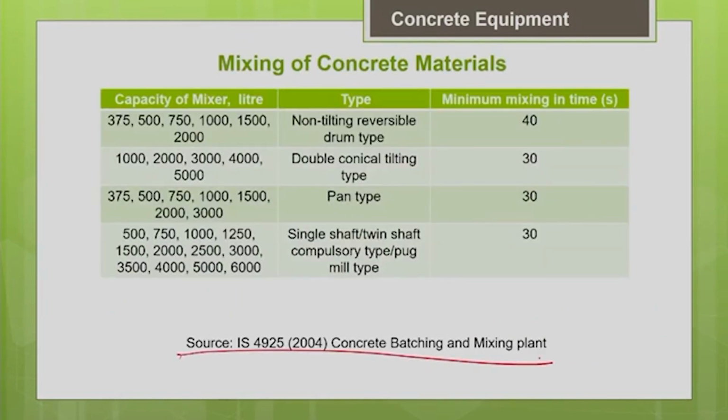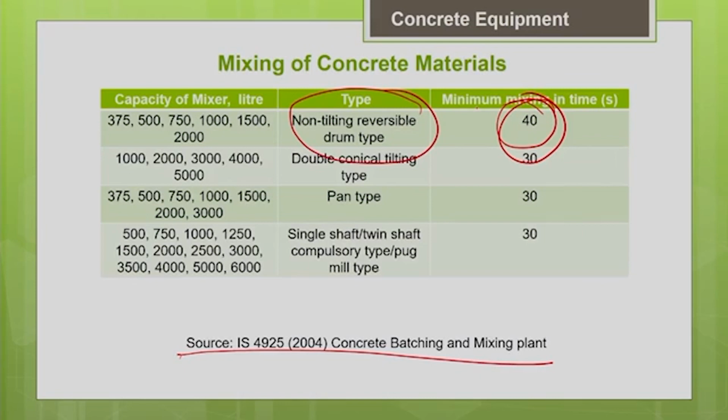This table is taken from IS 4925, which gives you the guideline for concrete batching and mixing. You can see that the mixing duration is given in seconds. It varies for different types of mixer machine. For instance, if you go for a non-tilting reversible drum type mixer, the mixing duration is more.